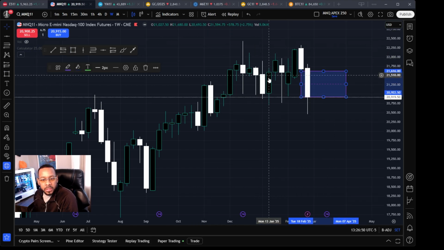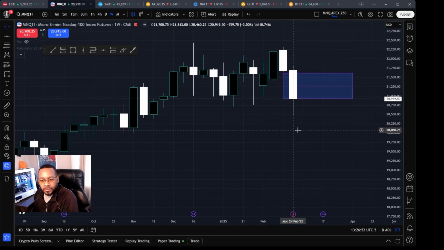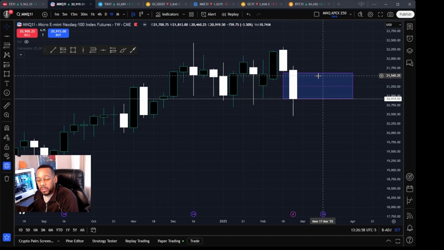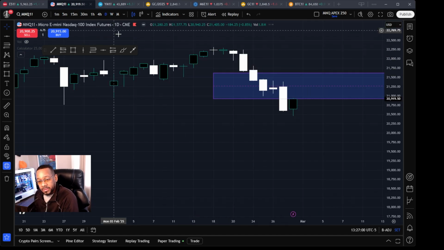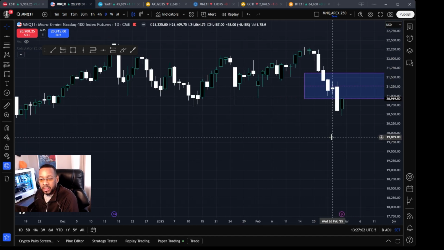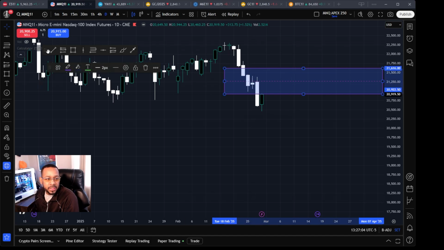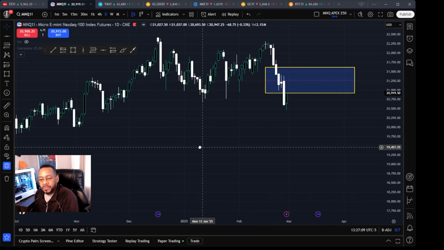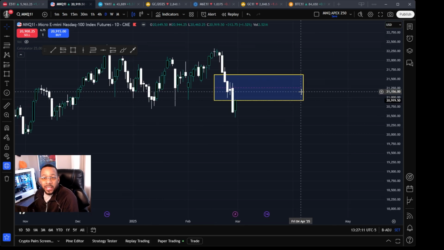When the market opens, I think once it cleans this up, this is a weekly, so it might take all week. Just understand that. Here's our daily. Look at this. Right now, price is at a discount.